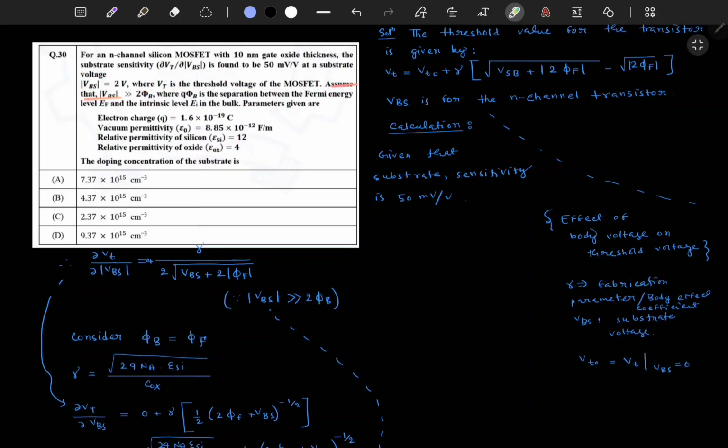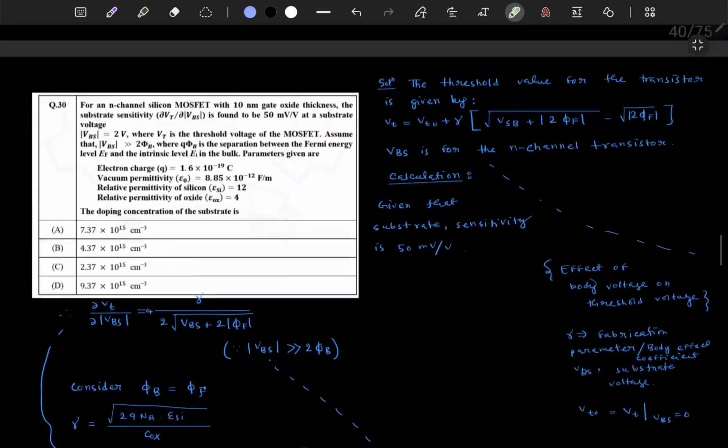Assume that VBS is very much greater than 2 phi b, where q phi b is the separation between the Fermi energy level EF and the intrinsic level EI in the bulk. Parameters are given here: electron charge, vacuum permittivity, relative permittivity of silicon, and relative permittivity of oxide. We need to find the doping concentration of the substrate.